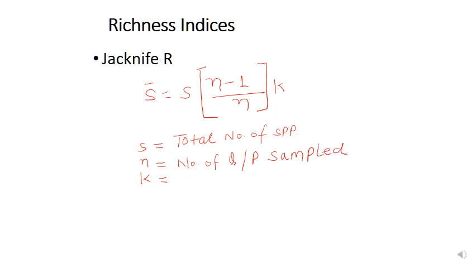K is number of unique species. Unique species are those found in only one of the different samples, quadrats or plots.